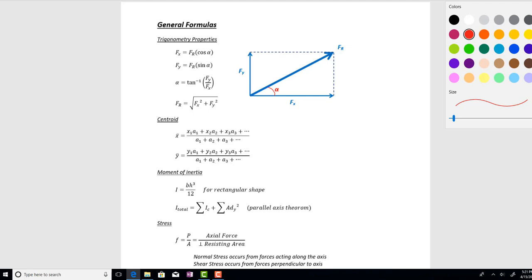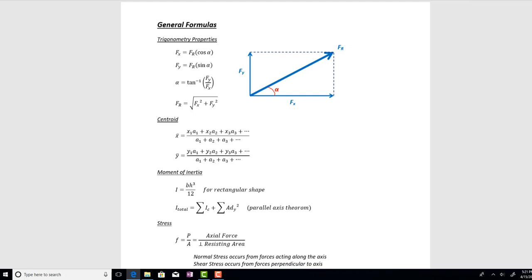On this first page, with the general formulas, we begin with the general trig properties. Anytime we're working with vectors and we need to either resolve the components of the vector or find the resultant force from the two components, these would be the equations that we'd utilize. If we're looking for the components, we've got this equation right here to help us.